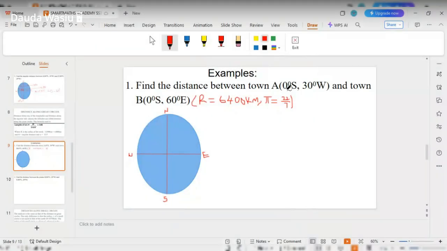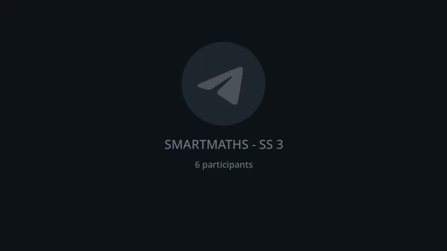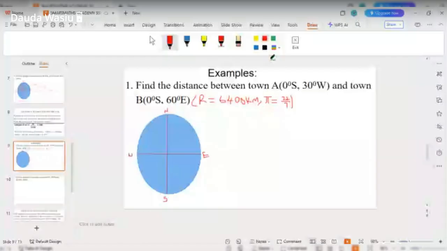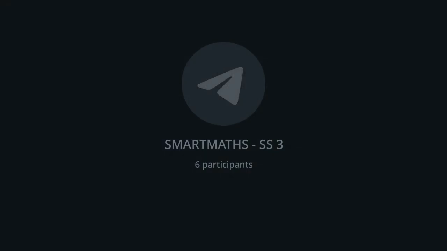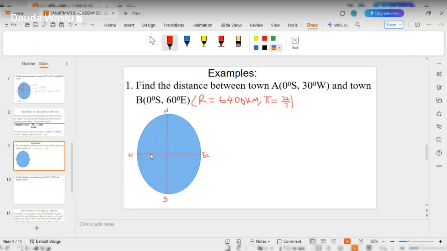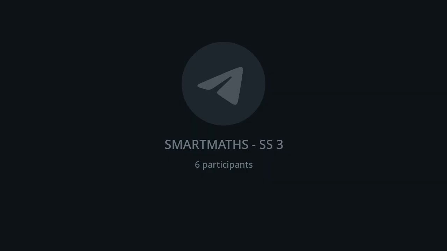The first number is latitude. So 0 degrees south will be somewhere here, on the south side. Latitude goes from west to east.